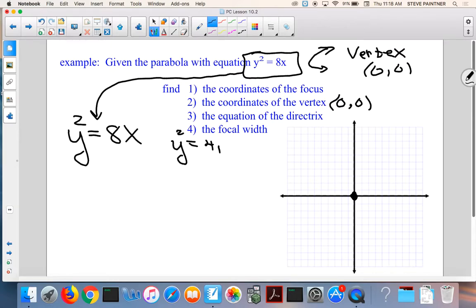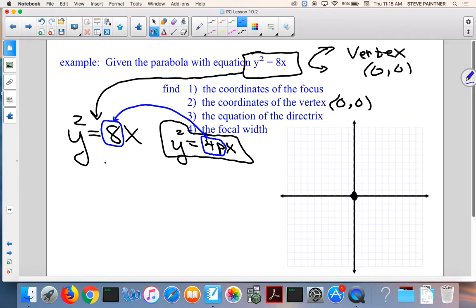She knows it has the general form of this. This is the general form. And she sees that there's an 8 here. Also, this 4p has to be that number, right? So what you probably would do next is set your 4p equal to the coefficient 8. And Maisie got 2. You good with that?